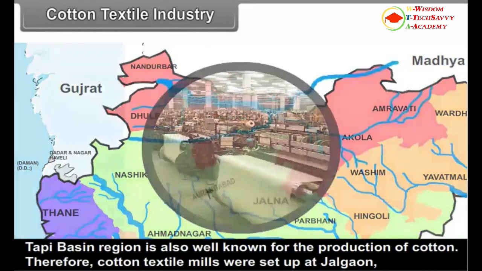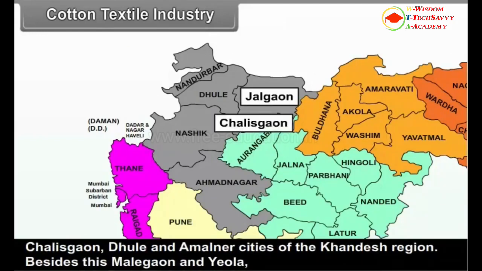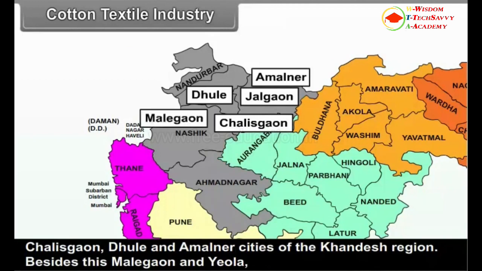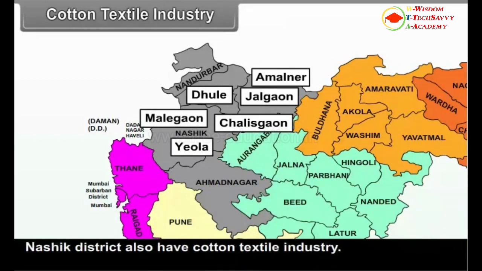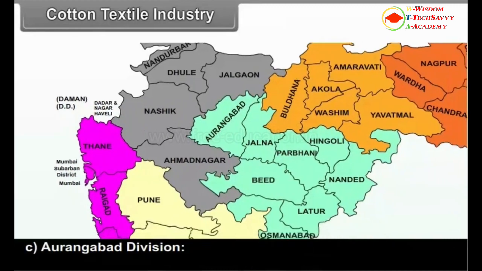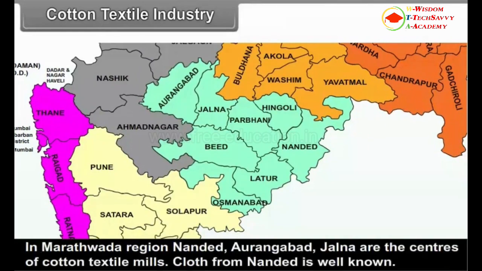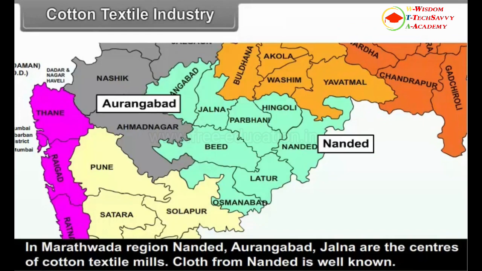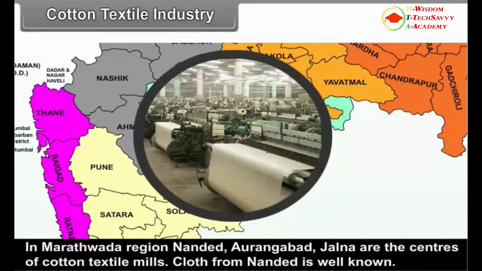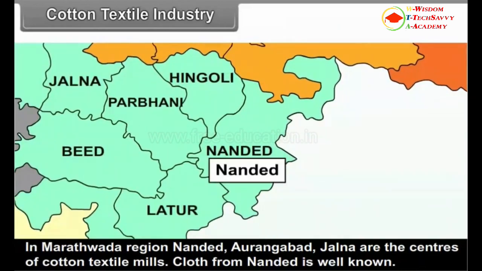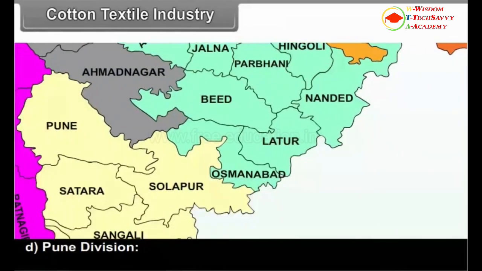Therefore, cotton textile mills were set up at Jalgaon, Chalisgaon, Dhule and Amalner cities of the Khandesh region. Besides this, Malegaon and Yeola, Nasik district also have cotton textile industry. C. Aurangabad division. In Marathwada region, Nanded, Aurangabad, Jalna are the centers of cotton textile mills. Cloth from Nanded is well known.